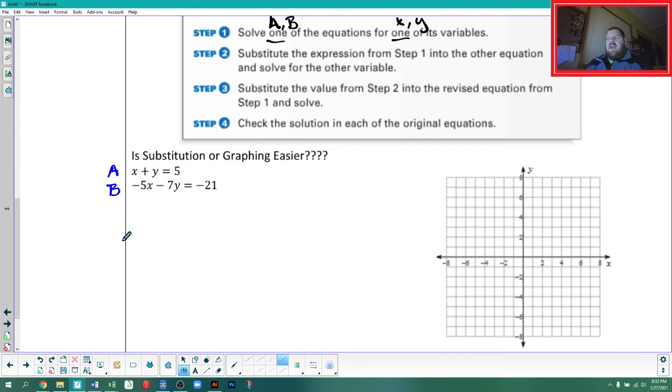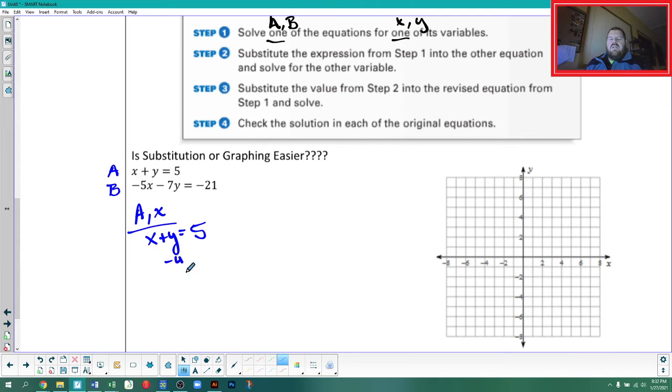Okay, and I notice that A has both variables without a number in front. And the reason for that is if I pick that, I'm going to solve A for X. I can take X plus Y equals 5, and I can solve it for X.